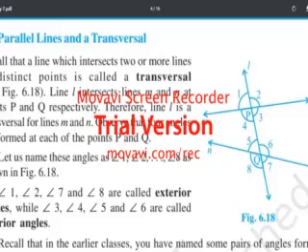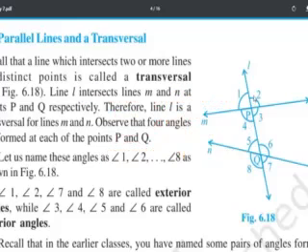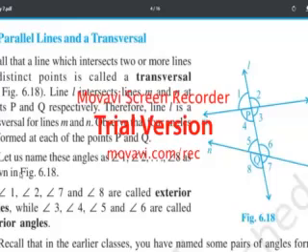Observe that four angles are formed at each of the points P and Q. You will see here at point P there are 4 angles, 1 2 3 4, and at point Q also 4 angles are formed, that is 5 6 7 8. Let us name these angles as angle 1, angle 2 up to angle 8 as shown in figure 6.18.